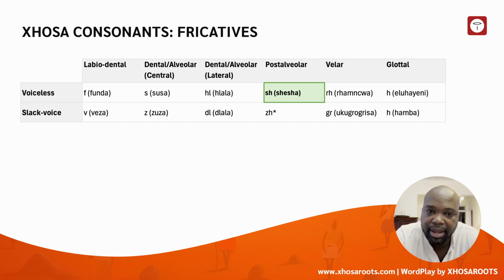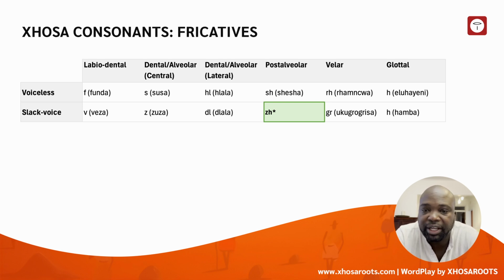And then we have the slack voice, zh. So the voiceless is sh, the slack voice is zh. Those are the postalveolar fricatives in terms of the consonants that are available in Xhosa.